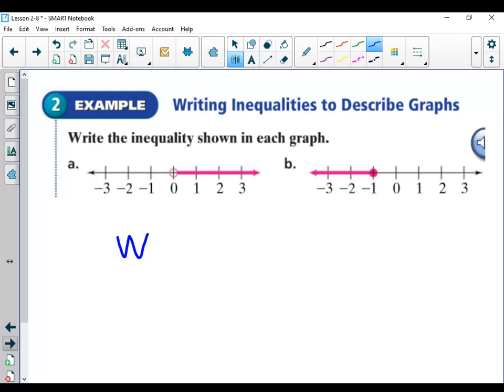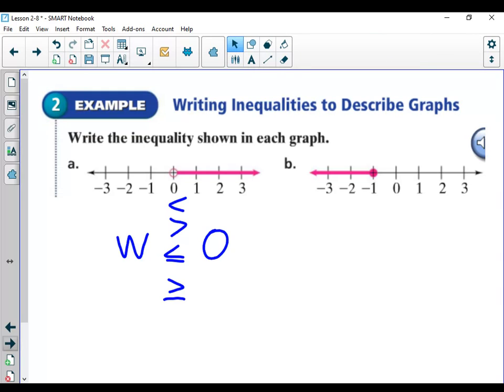I see the number that my dot is on is 0. And then I actually have 4 choices for in between here. I can eliminate 2 choices just by looking at the dot. Since the dot is open, I can't have a line underneath it. So I can eliminate these 2 choices just by looking at the dot.